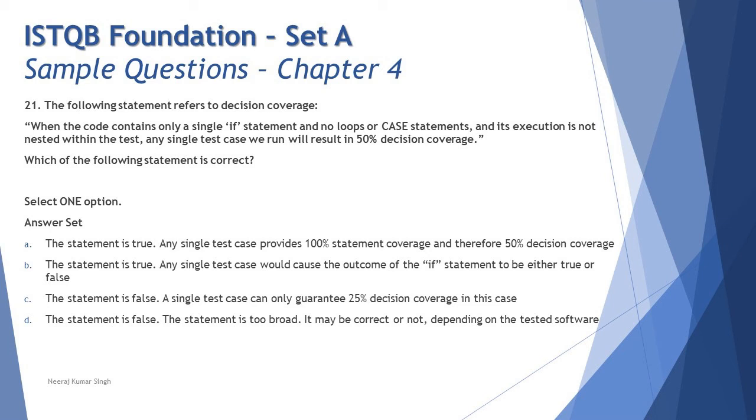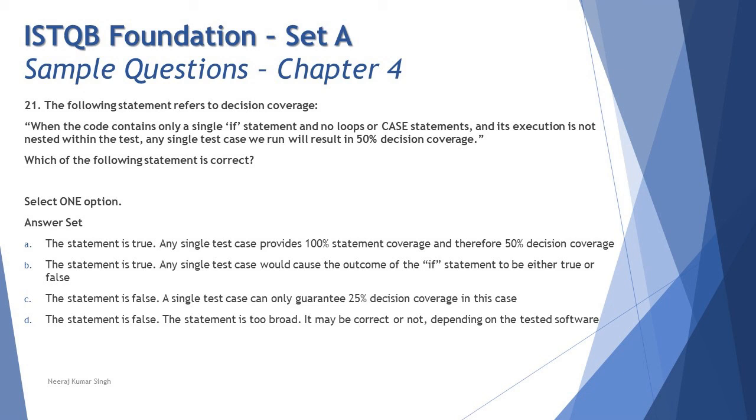No, it's rather the other way around, that 100% decision coverage guarantees 100% statement coverage, but not the vice versa. But sometimes it is possible that you may have 100% statement coverage giving you 100% decision coverage also. But here the case is completely different. They're saying that 100% statement coverage is achieved and 50% decision coverage is achieved. No, that's not true.